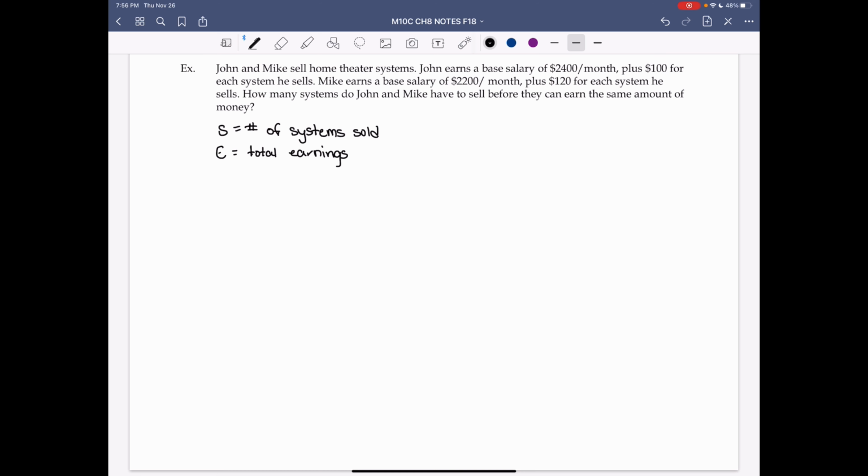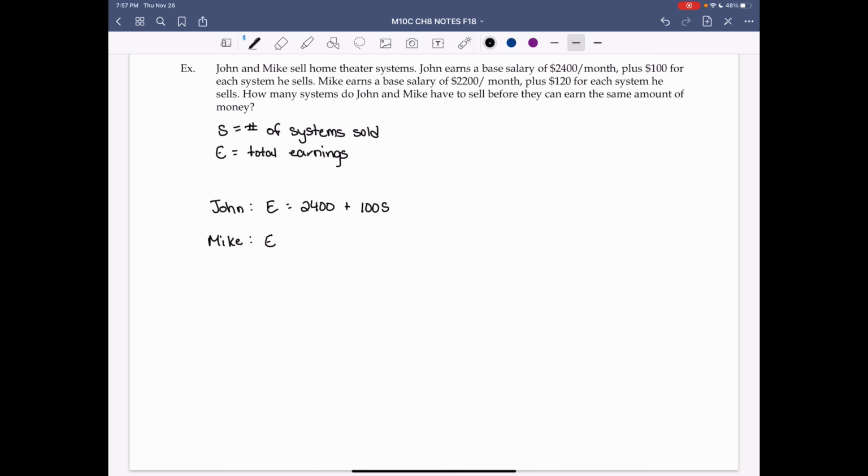Then you make an equation for each person. So an equation for John, who makes a base salary of $2,400 per month, plus $100 for each system. So his total earnings E equals his base salary of $2,400 per month plus $100 times the number of systems sold, which is S. Then you write an equation for Mike.